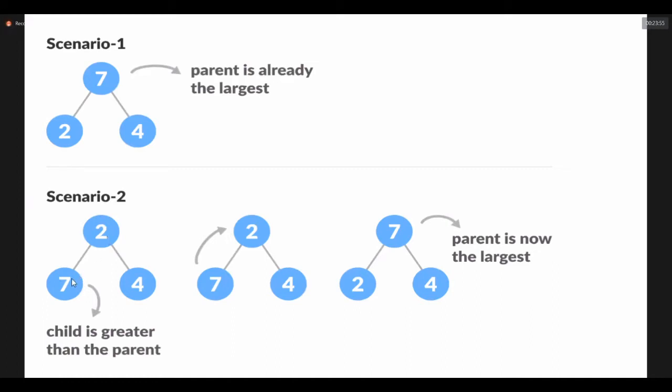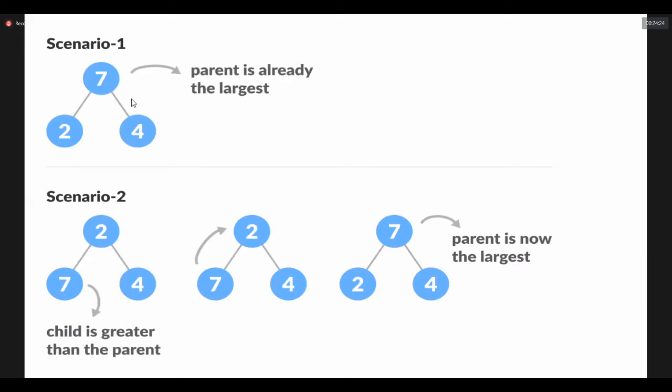The root is not the largest, so swap the values. 7 and 2 swap: root and left child swap. So 2 becomes the left child and 7 becomes the root. So 7 is the root, with left child 2 and right child 4. This is heapify processing in one level. In the first scenario, the root is the largest value.